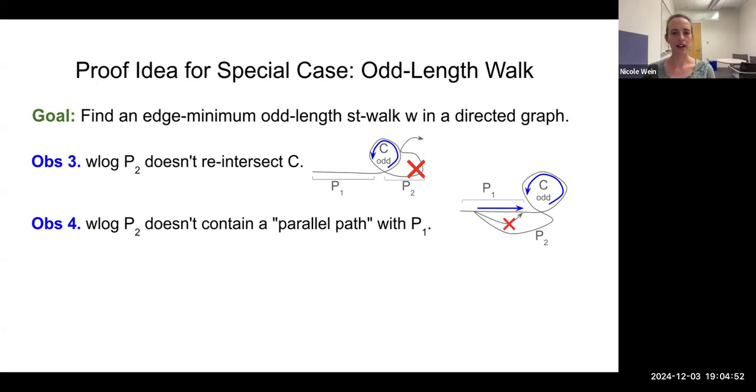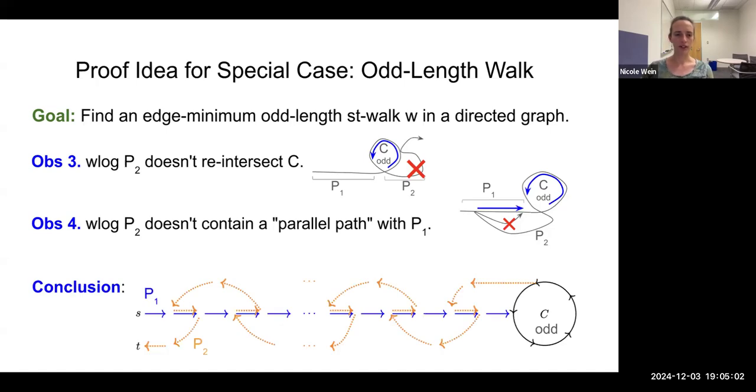Okay, so what we've done now is narrowed in on what the structure of this walk could potentially be. And what we can end up concluding is the following. Our conclusion is that the walk must look something like this.